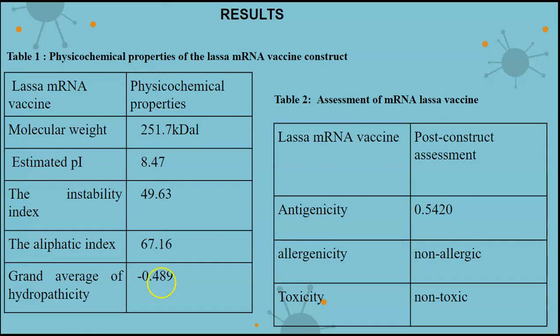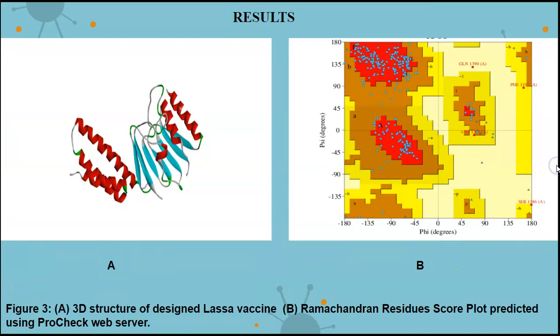In the assessment of the messenger RNA Lassa vaccine, it was found to be antigenic at a score of 0.5420. It is non-allergenic and non-toxic.